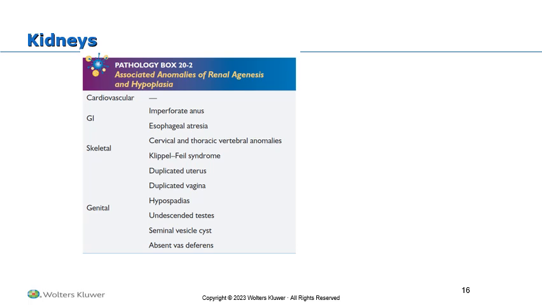So when we get that duplicated uterus, vagina, hypospadias, undescended testes, seminal vesicle cysts, vas deferens, all of that is because those things are basically developing in parallel with our kidneys. And so an abnormality in one often means an abnormality in the other. These other GI and skeletal systems are going to be more often related to those VACTERL and VATER syndromes.